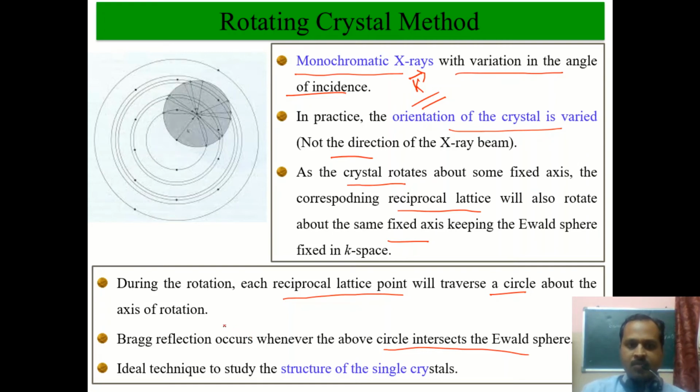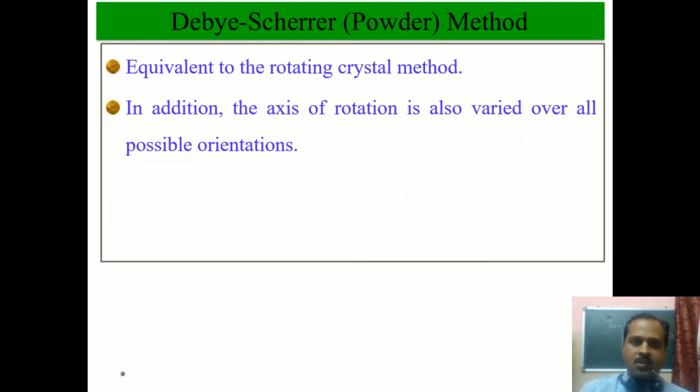This is one of the ideal techniques to study the structure of single crystals, and is widely used for that. Another very popular method is called the Debye-Scherrer or the powder method, and this is mostly used to study polycrystalline solids.